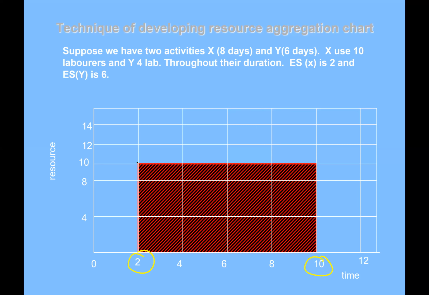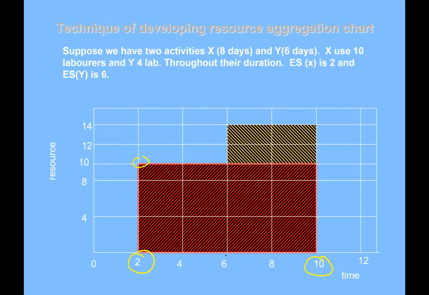How many people? 10. But then another activity comes, it starts on day 6. This activity has to be on top of the red block, because the red block already occupies the space on the diagram. The length of this other activity, the green one, is from 8 until 12. This is the second block.